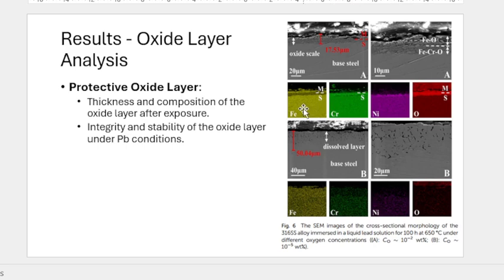We have the iron content here, and we can see that it seems there is a formation of oxide layer. As we can see the red color here, the oxygen, oxide layer is formed on the surface. However, for the 10 to minus 5 weight percent, we can see chromium dissolve, and nickel also, and also oxygen there.